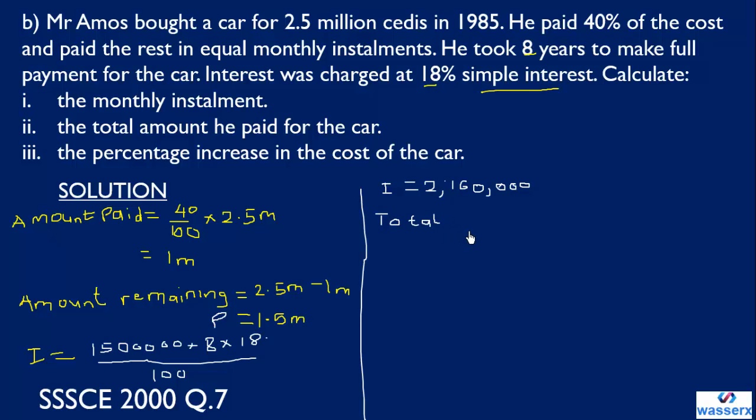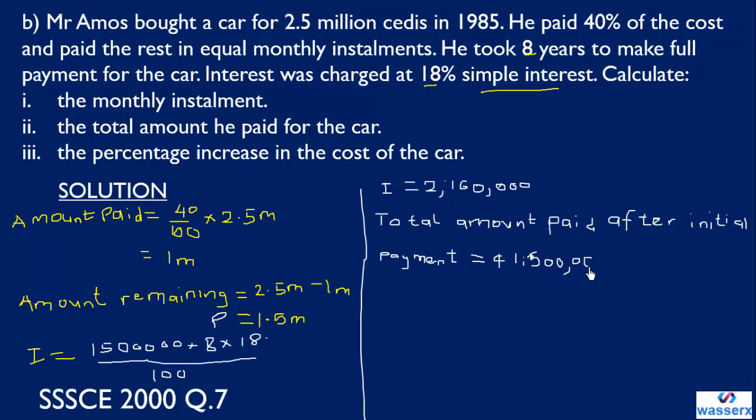Now the total amount Mr. Amos paid after the initial payment will be equal to 1.5 million plus the 2,160,000 cedis.